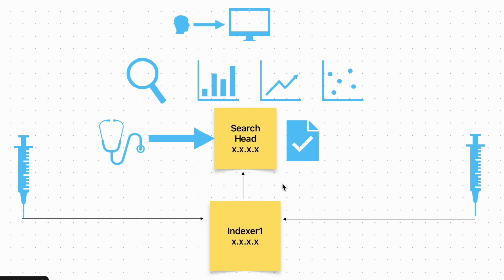Also, the search head we will make a license and monitoring console, where we can check the health of the system, and also apply the license. So it can be a license master, or some other component.